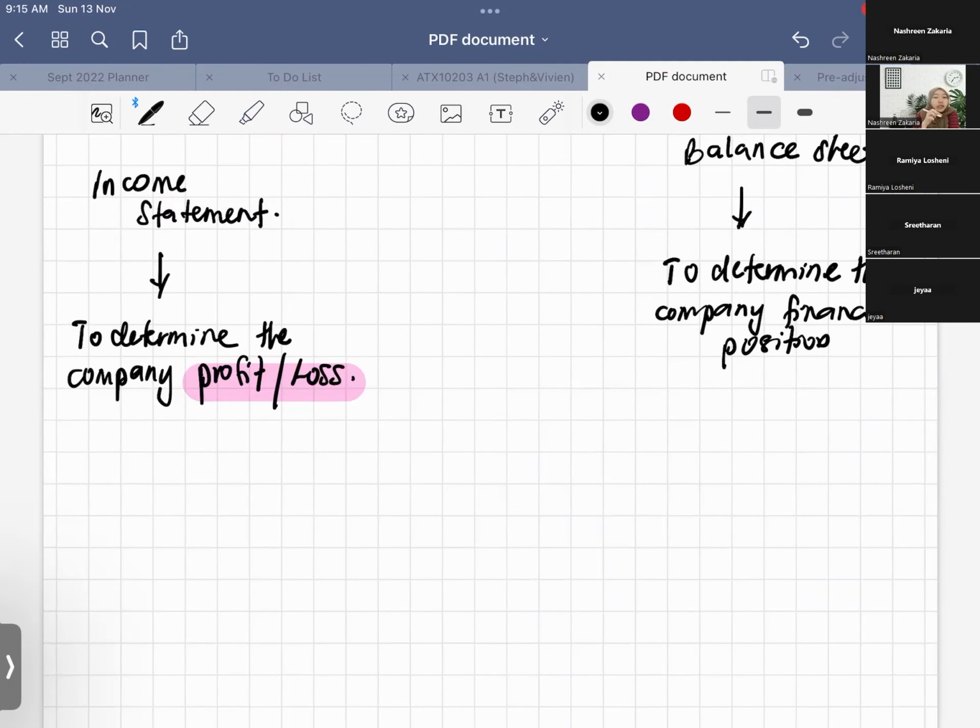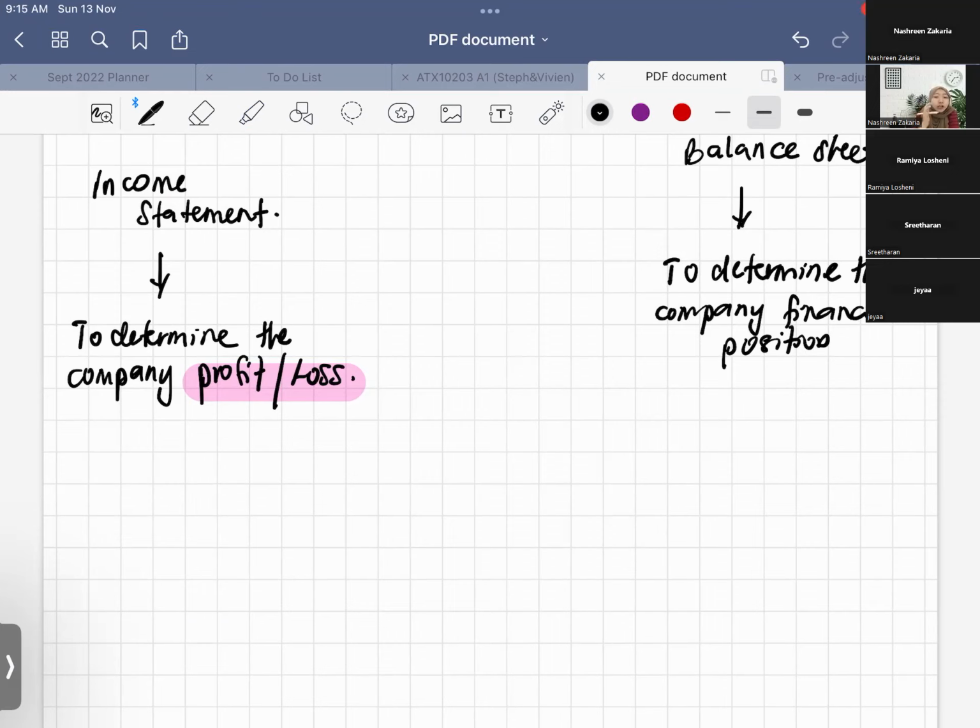So, if you remember, we learned already about the 5 accounting elements, isn't it? We keep on revising what the 5 key accounting elements are. We have asset, we have liability, what else? Owner's equity, expenses and revenue. Right.